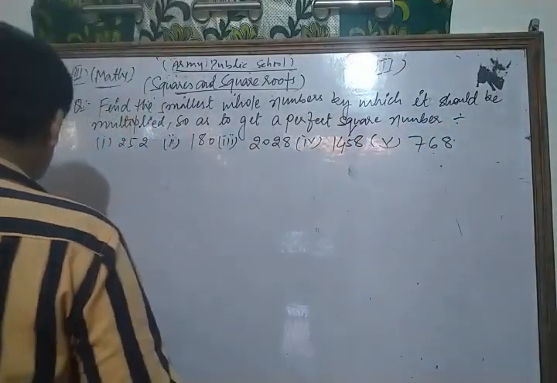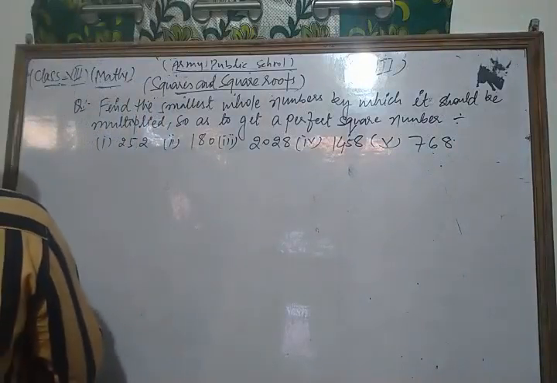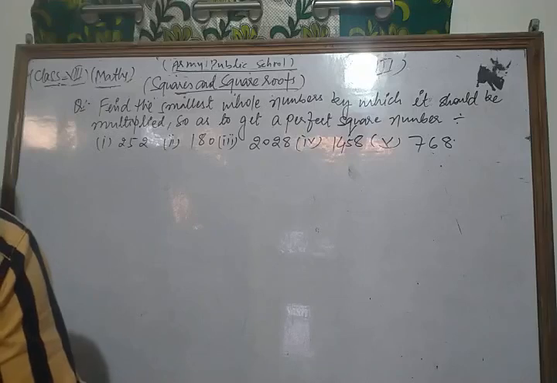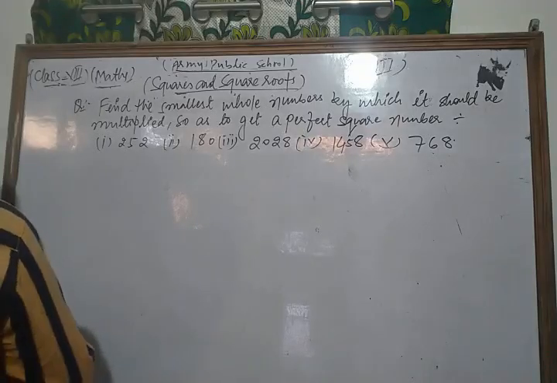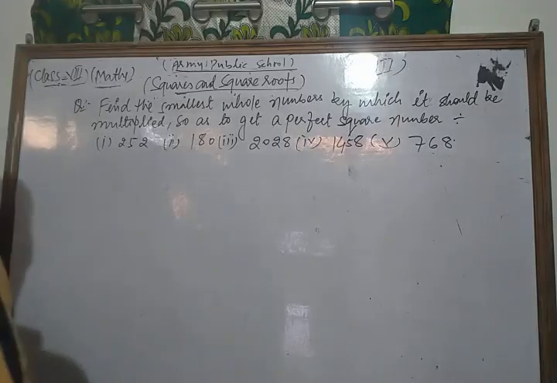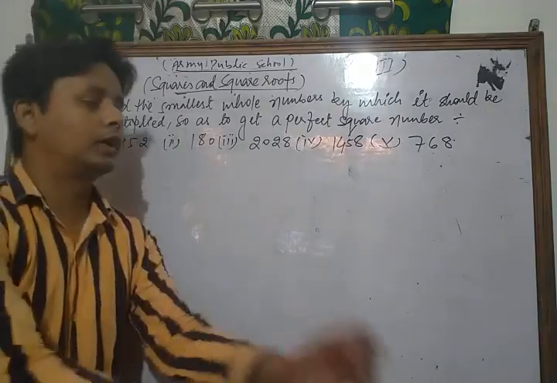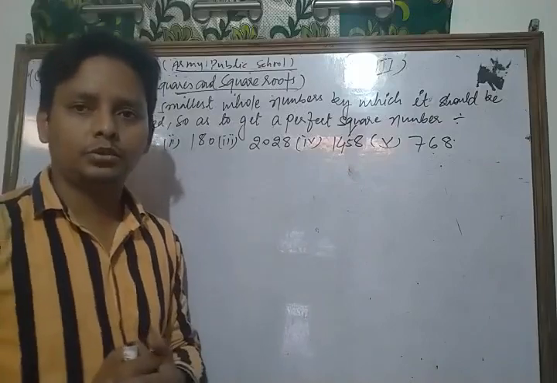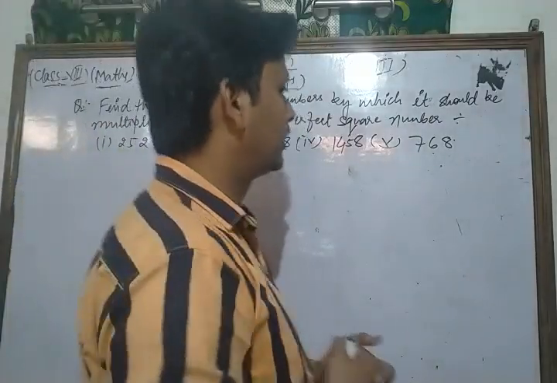Okay, this is one of the most important questions of your NCERT exercise based on square and square root. In that question, what do we find? Let's see, dear students.